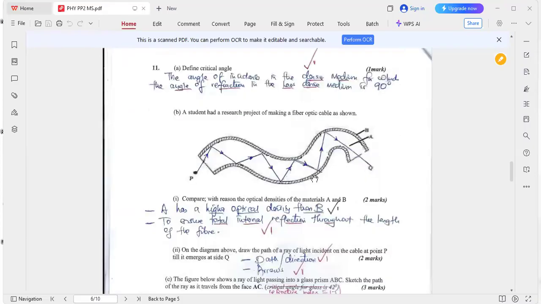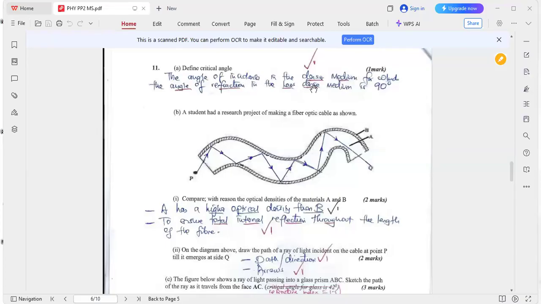Question 11. Define critical angle. This is the angle of incidence in the optically denser medium. The word optical is missing here.